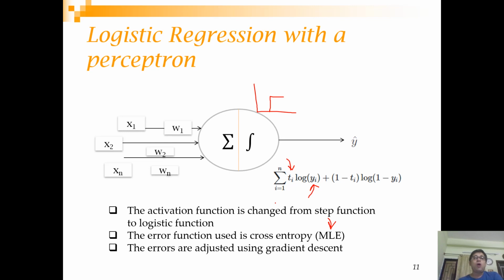This is the same thing as the logistic regression loss function. The errors are adjusted using gradient descent. So three changes again. You change the step function to a logistic function. You change the error function from your absolute value to cross entropy, which comes from your maximum likelihood estimate, and you still adjust the weights using gradient descent, not by your perceptron learning algorithm. So this can work that way.